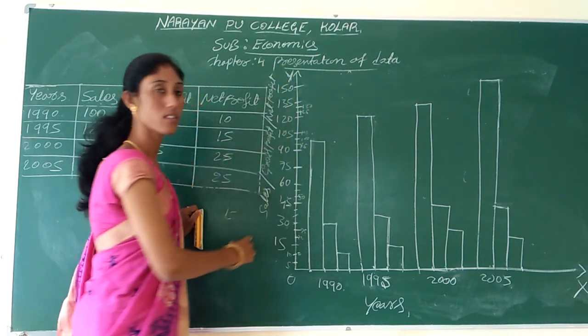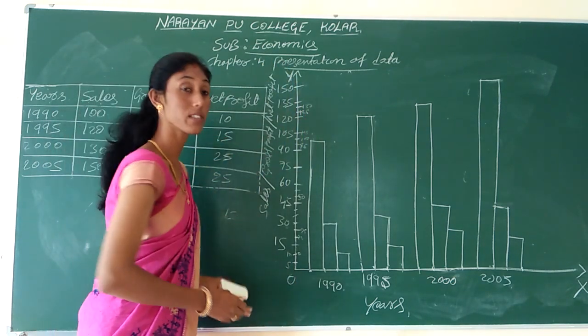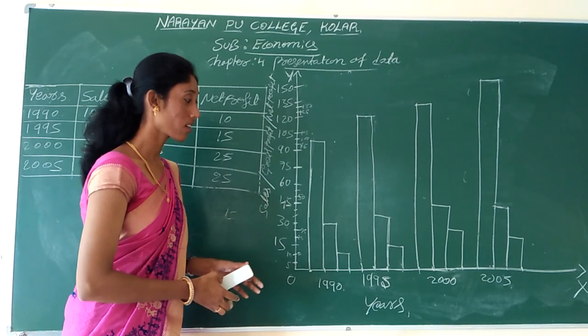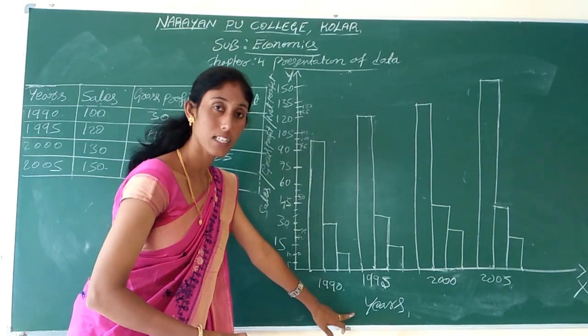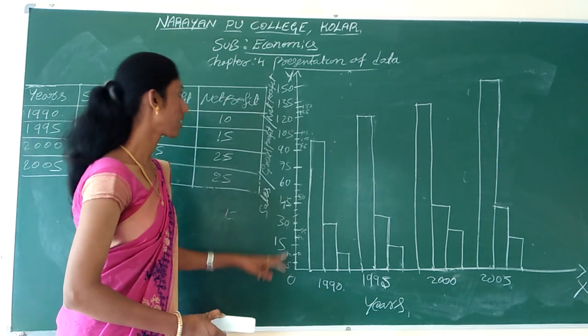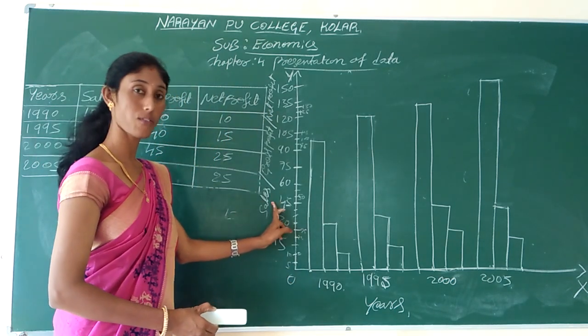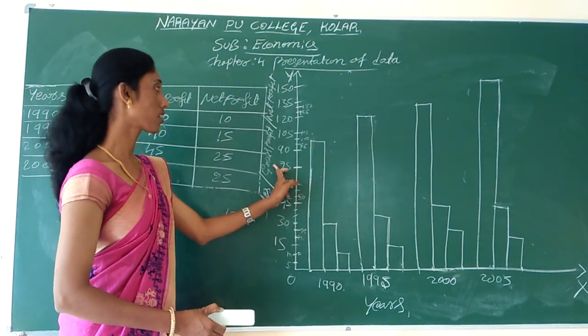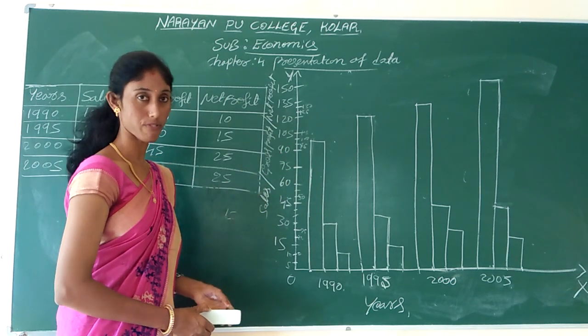We need to mention all this, which axis is measuring what kind of things. The x-axis is measuring years, and we need to mention it while drawing the chart. And in the y-axis we are measuring the three variables: sales, gross profit and net profit.